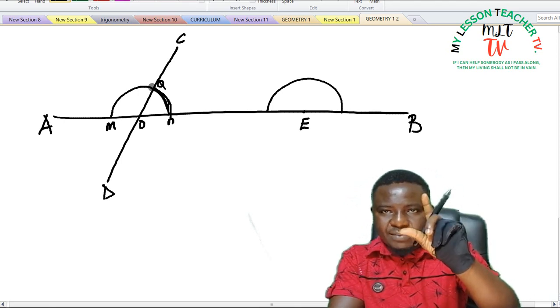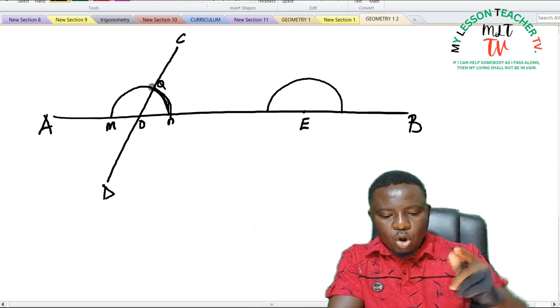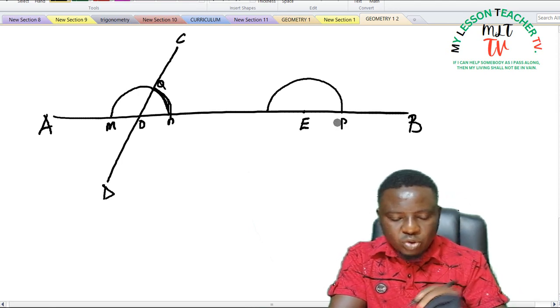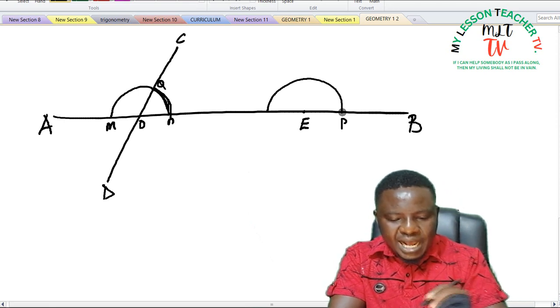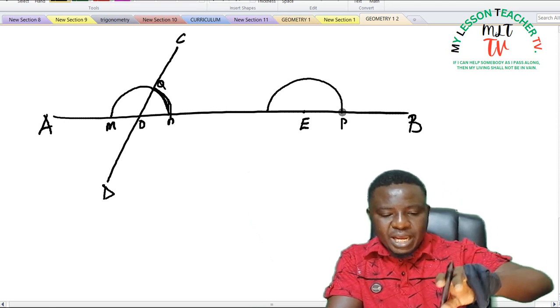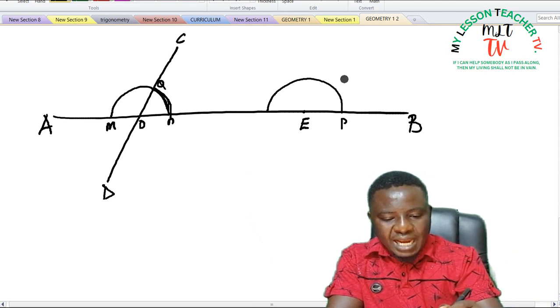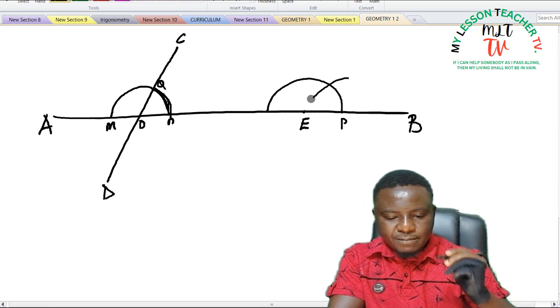Hold it with that same angle. Come to point P on this other side. With P as center, the pin edge should be on P. Then cut an arc on that semicircle, like this.